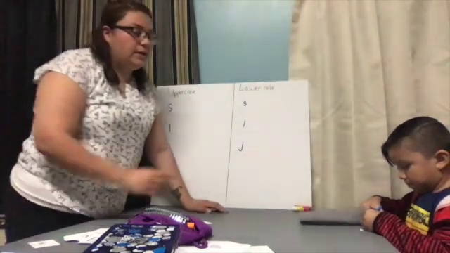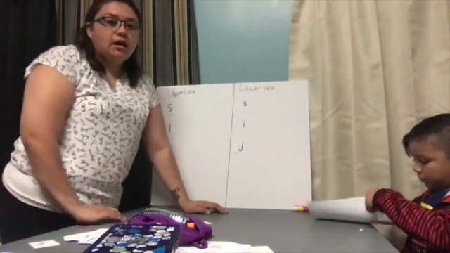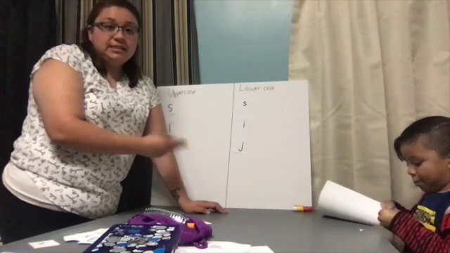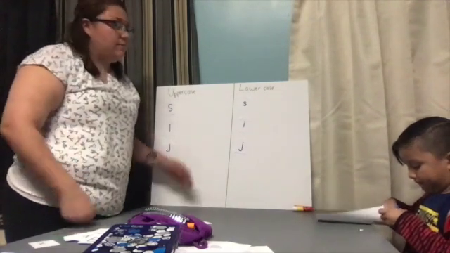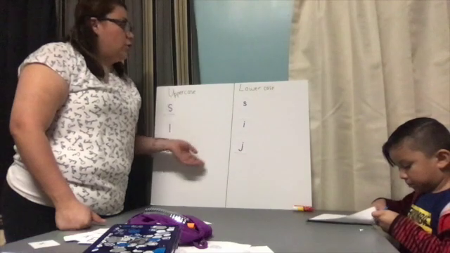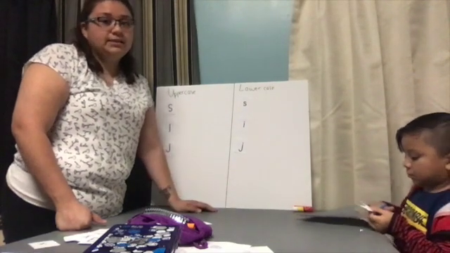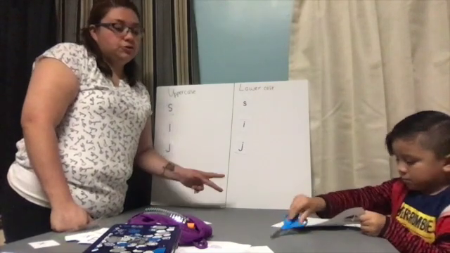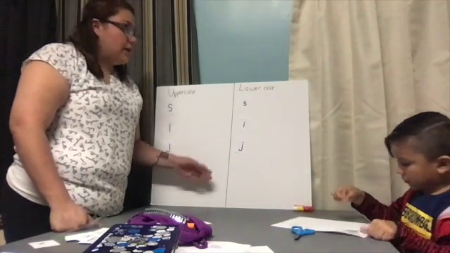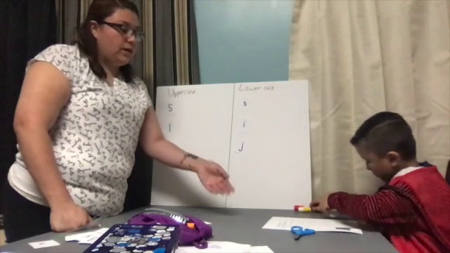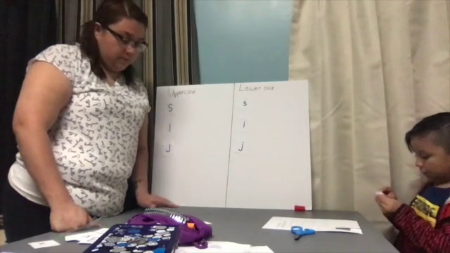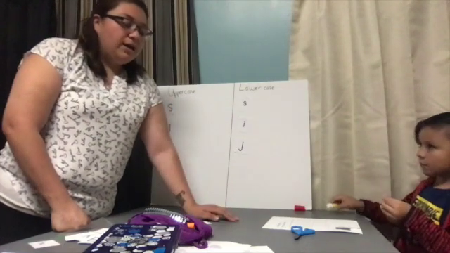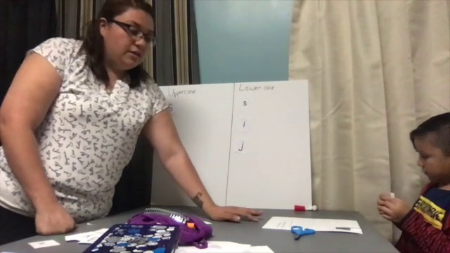Okay, right now that he's doing the activity, going back to when I started, I identified the skill, telling him that we were going to learn about our uppercase and lowercase letters. In step 2, I explained the activity, telling him he was going to pair up the uppercase and lowercase letters on the individual work.